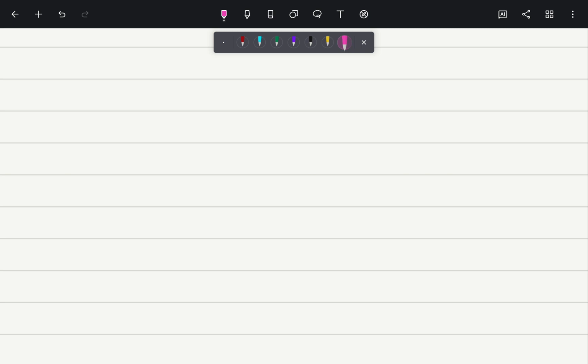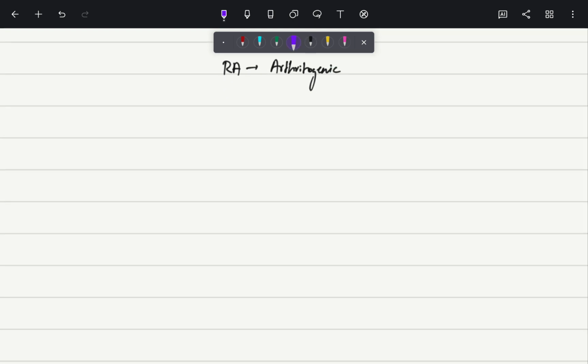Now we are going to see what is going to happen in rheumatoid arthritis. So in rheumatoid arthritis there is an arthritogenic agent. So here is a bacteria. On the surface of the bacteria there is antigen. This antigen is called your microbial antigen. Or similarly, we have our cells.